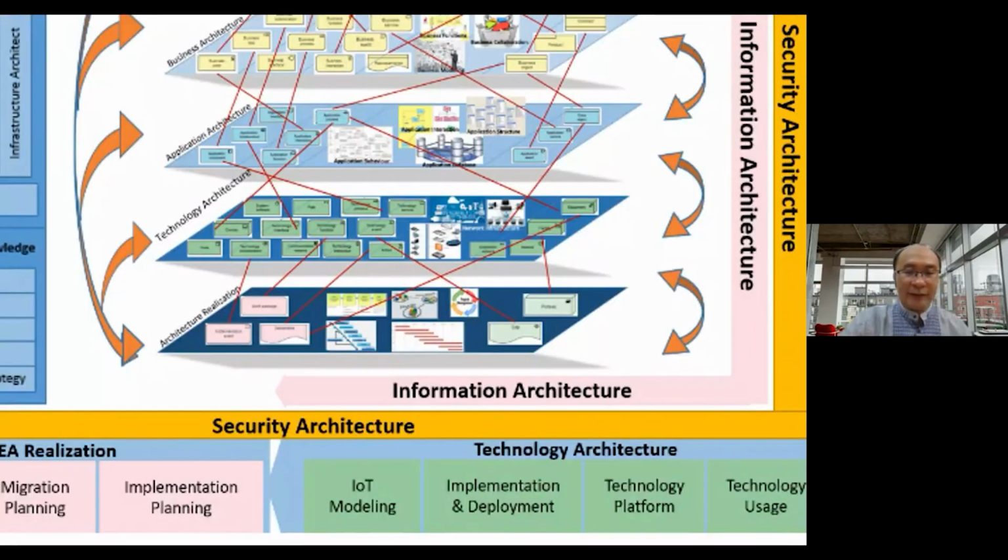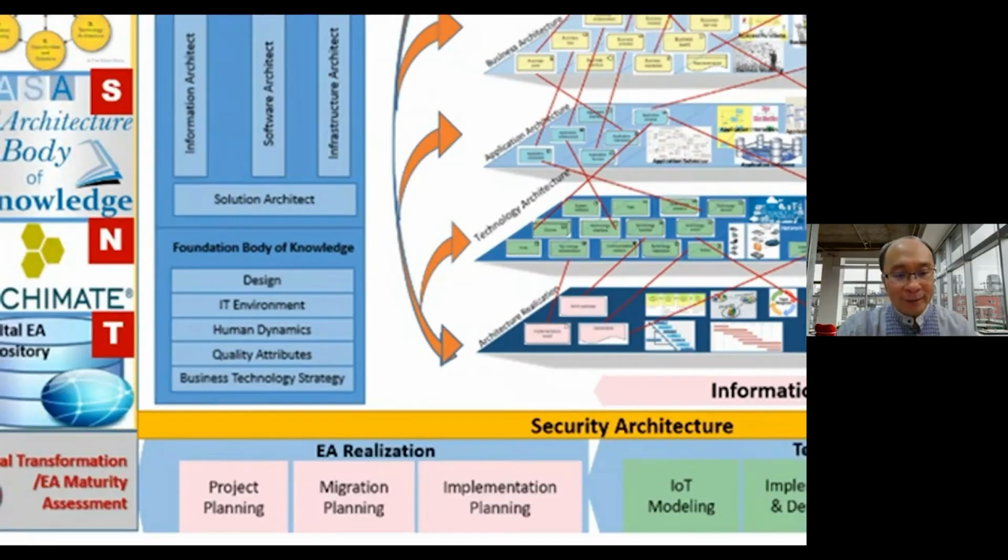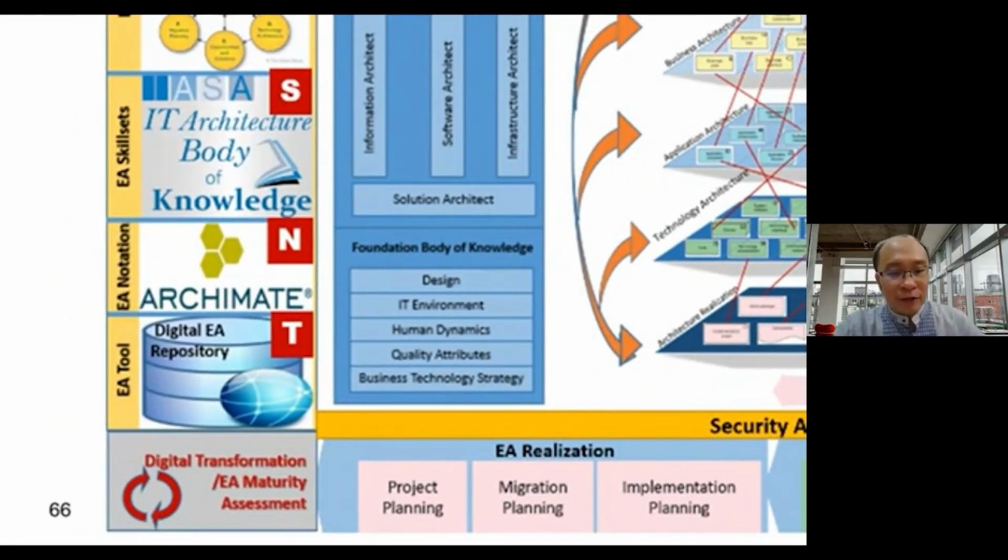Likewise, the EA realization is where you execute multiple projects, where you can view the value of a particular project, and whether it is delivering the vision and mission of your key stakeholders. The last part is where the organization will typically go through the maturity assessment, because you need to know at what maturity you are today and tomorrow.